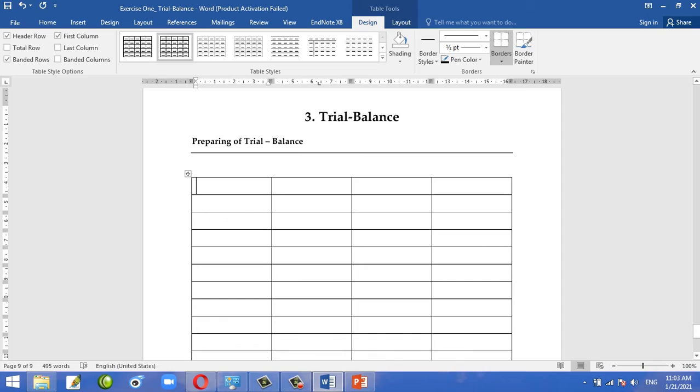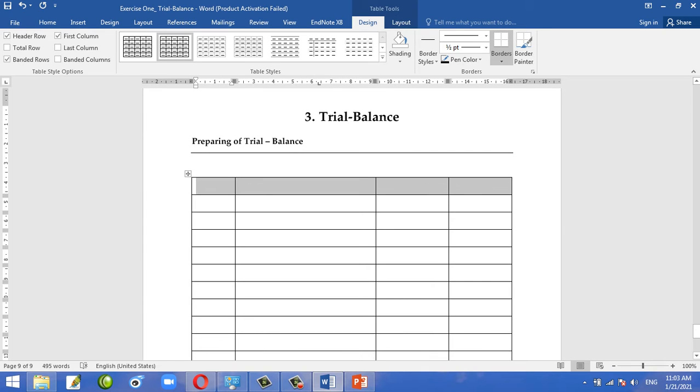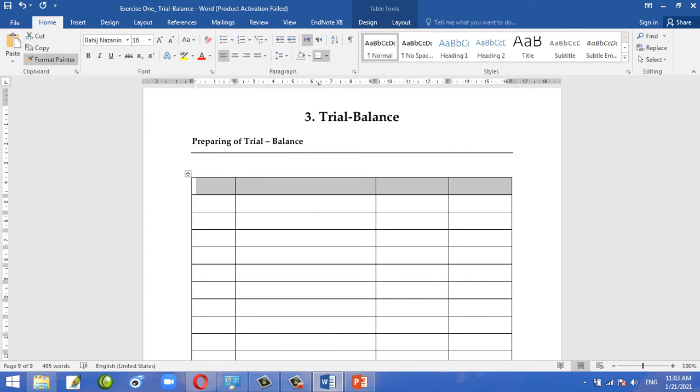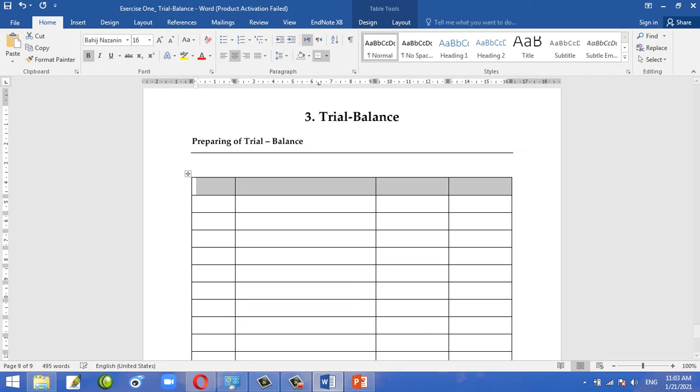The first column is the name of the item, the second is the particular or explanation, and the other you write as number. Here should be items, here should be debit, and here should be credit.